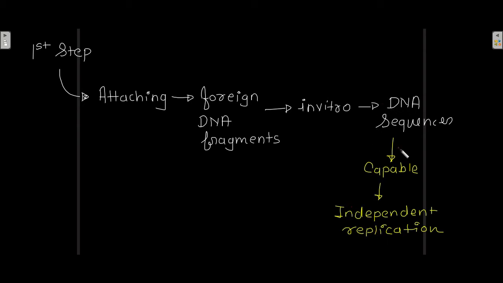You take the foreign DNA fragment that you want to clone, and then you attach it to the DNA sequence that is capable of independent replication, and this you do in vitro.